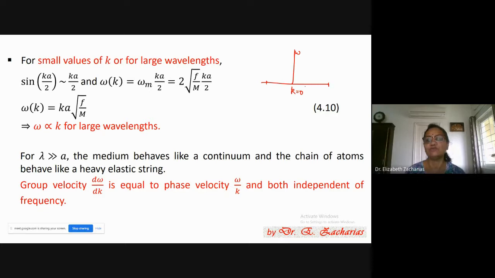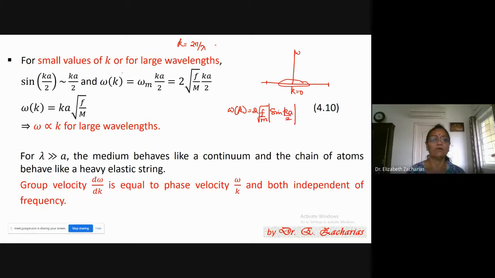For small values of k, that is when you are here, for small values of k or for large wavelengths, because after all k is equal to 2 pi by lambda. You take your equation omega of k equal to 2 into under root of f by m, and was it 2? Yeah. And then you also wrote sine Ka by 2.